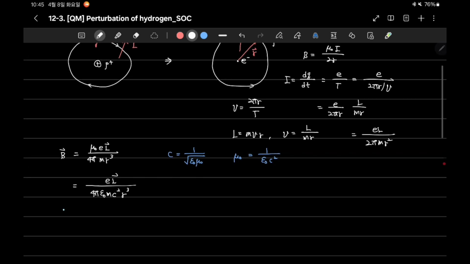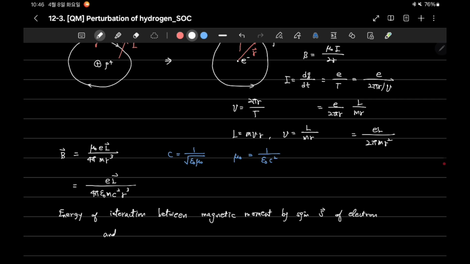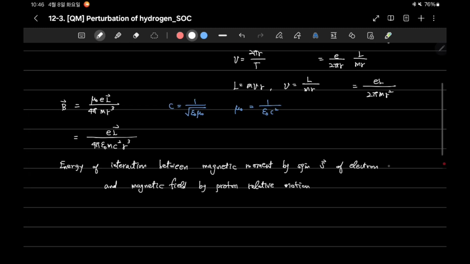It is the energy of interaction between the magnetic moment from the spin of the electron and the magnetic field from the proton's relative motion. The magnetic moment is represented by mu and the magnetic field by B, so the energy of these two interacting is minus mu dot B.